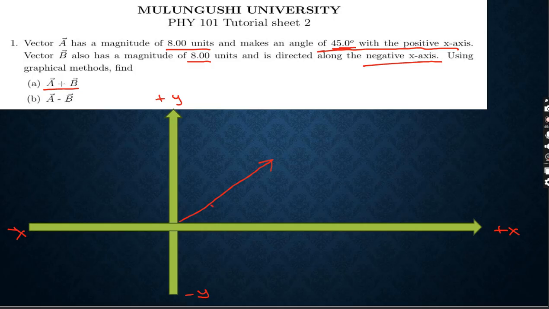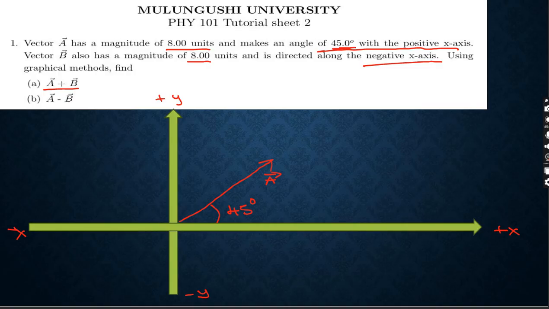That means the angle is between the vector and the positive x-axis. We can name this 45 degrees. So this is our vector A.